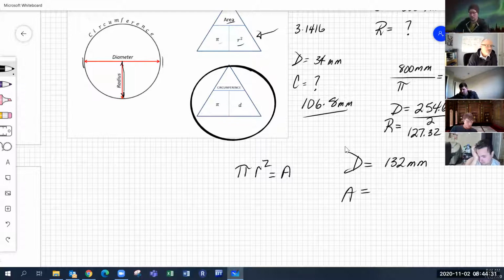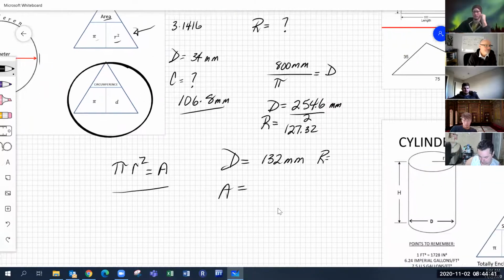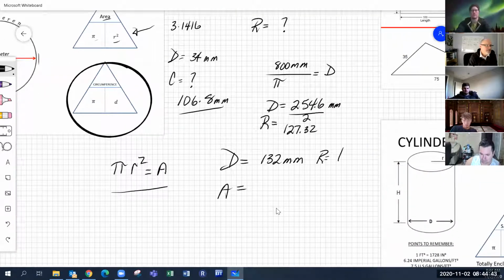So what we do is use pi r squared as my formula. In this particular one, my radius is half as much, so my radius has to be 66 millimeters, yes? So the area is equal to 3.1416 multiplied by 66 squared.